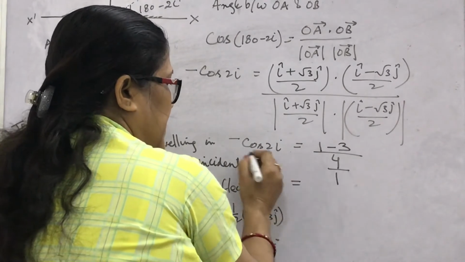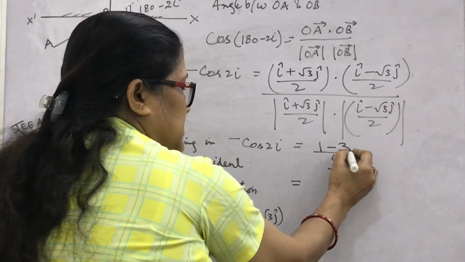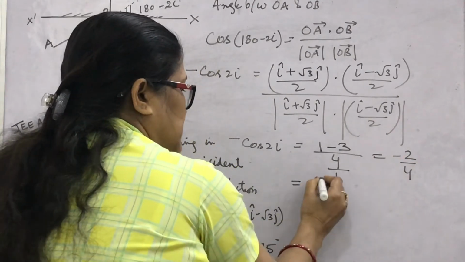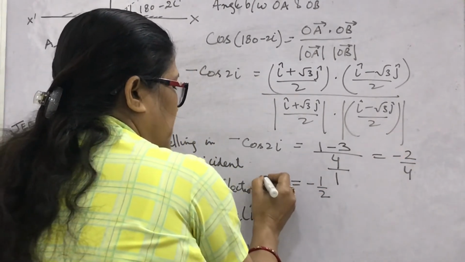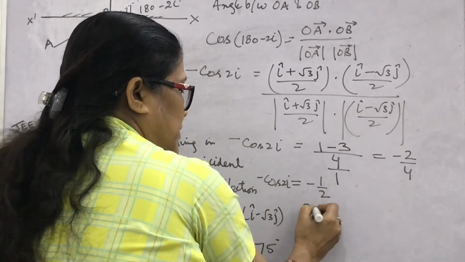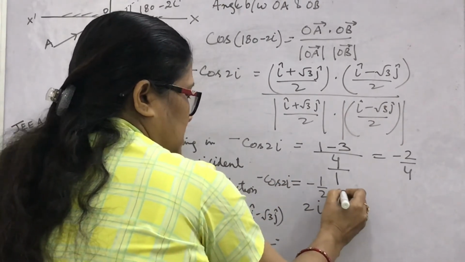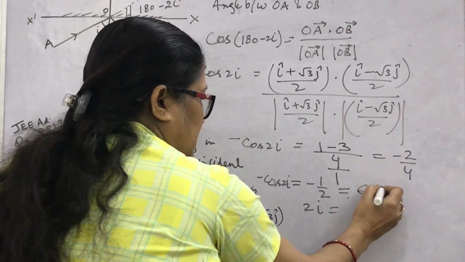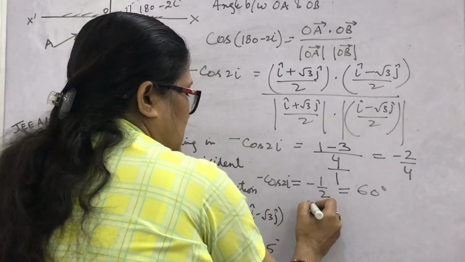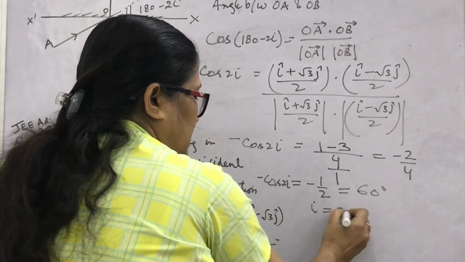So what will you get here? 1 minus 3 is minus 2 by 4, that is minus half. So minus cos 2i is minus half, it means 2i is 60 degrees, cos 60 is half, it means i is 30 degrees.